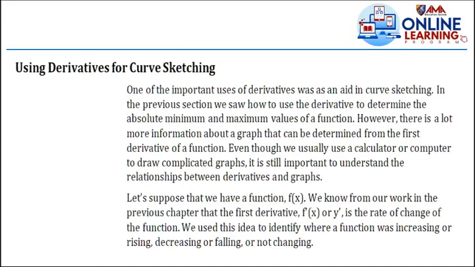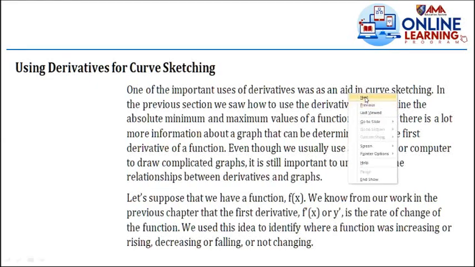So let's suppose that we have a function f of x. We know from our work in the previous chapter that the first derivative will be f prime x or y prime. It is the rate of change of the function. We use this idea to identify where a function was increasing or rising, decreasing or falling, or not changing.